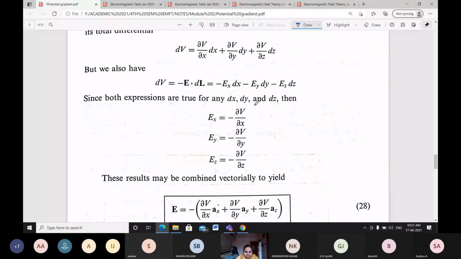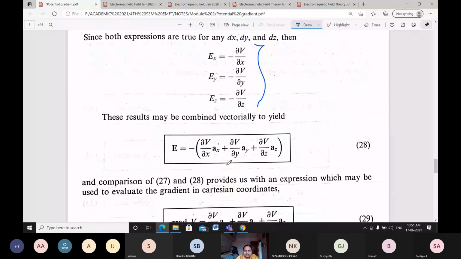Then the resulting expression is E equals minus dou V by dou x ax plus dou V by dou y ay plus dou V by dou z az, giving the potential changes in all directions x, y and z.